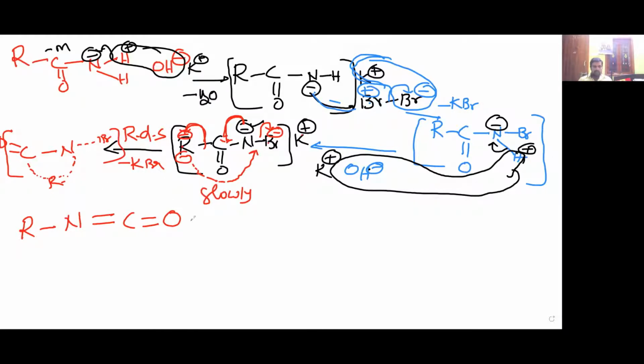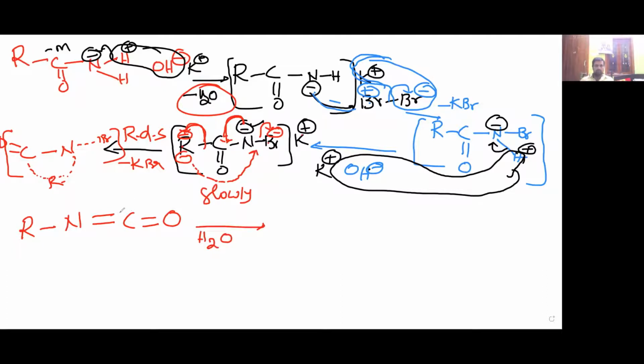The next thing, what did you add? Here water is eliminated. Here already one water, and a second water is eliminated. That water you should use.